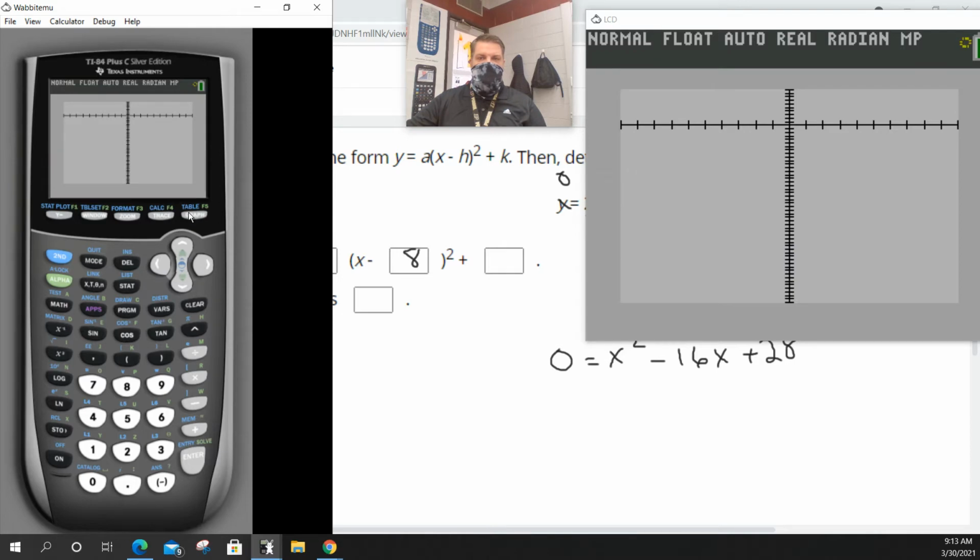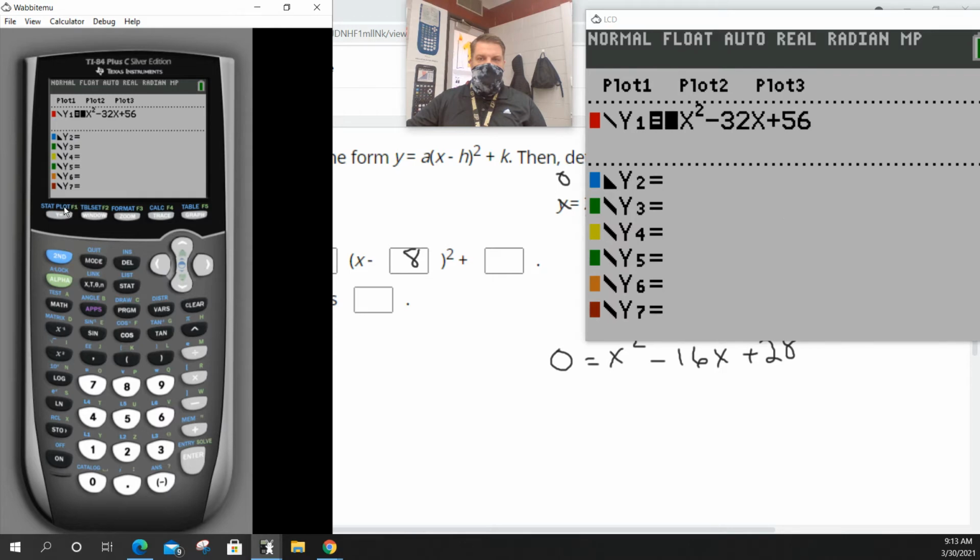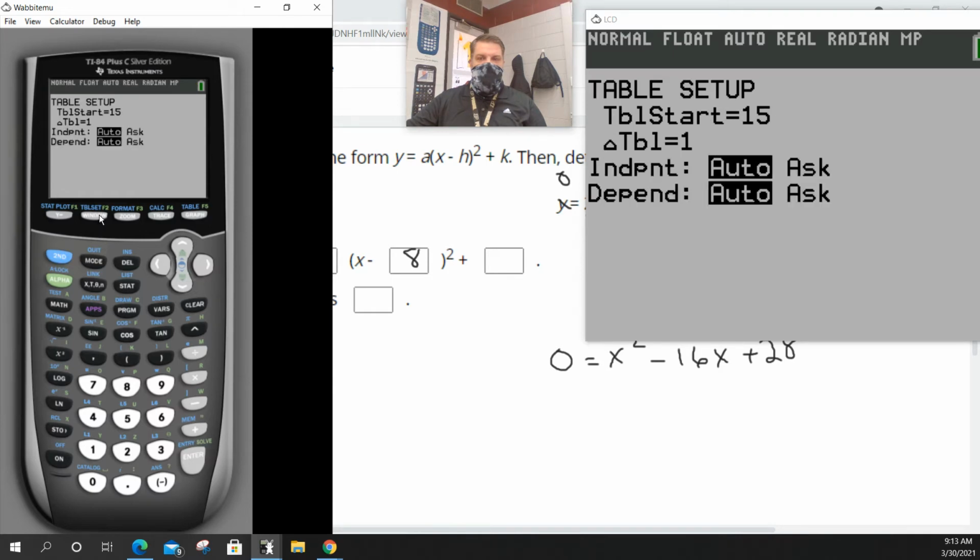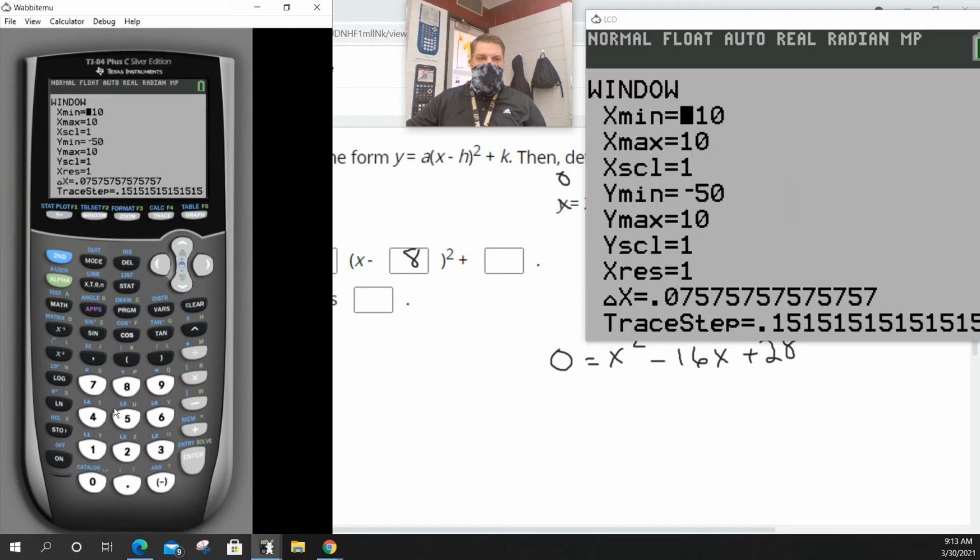Now when I hit graph, I definitely have to adjust the window. That means that it's going to cross way up here and then the vertex is at 8. 56 is pretty high, so I'm going to go from 0 to 20 in the x direction.